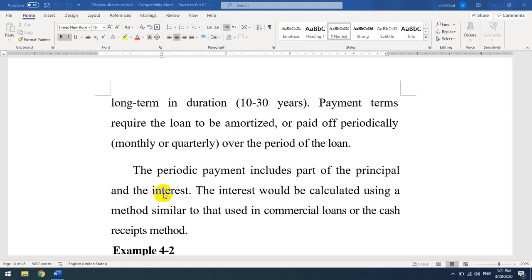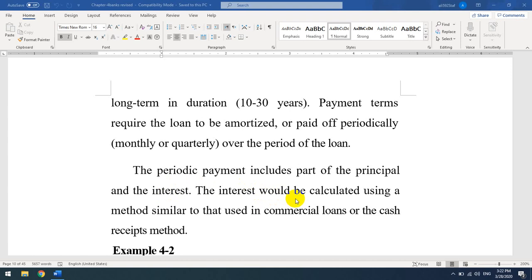The annuity, or the installment paid by the client to the bank, includes part of the principal of the loan and part for the interest on the loan.